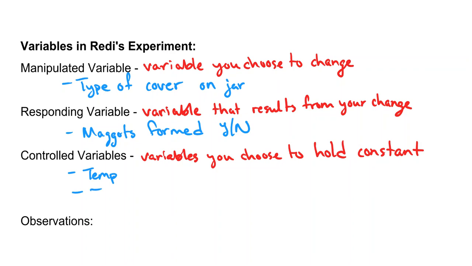Another one would be the type of meat. Another one would be whether or not they were in the same location. Things like that.